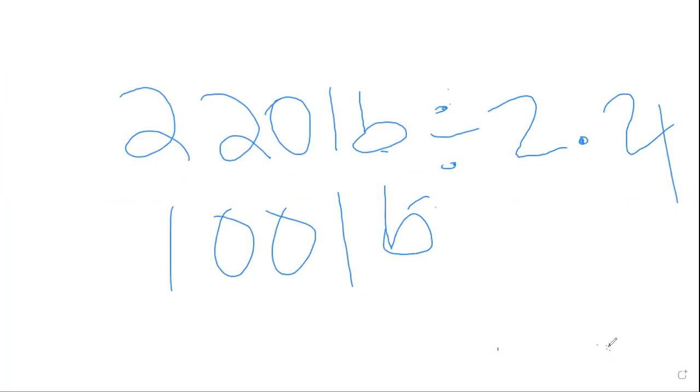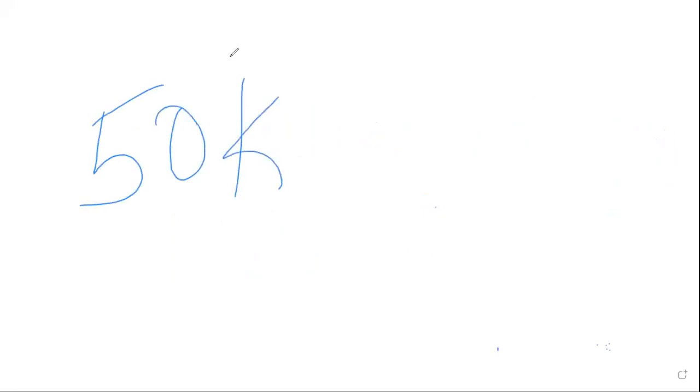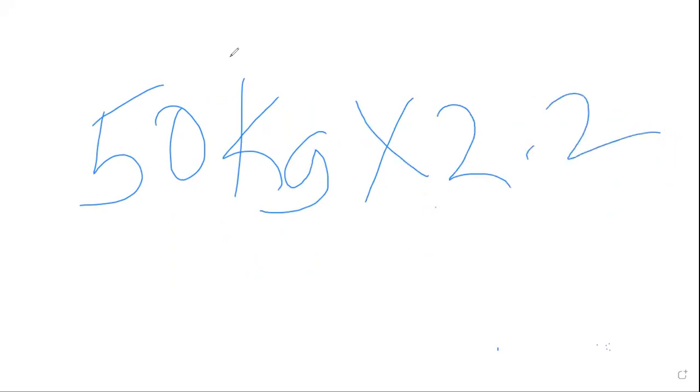Okay, and when you're going the other way, from kilograms to pounds, pounds is going to be more. So if I weigh 50 kilograms, I multiply that times 2.2, right?